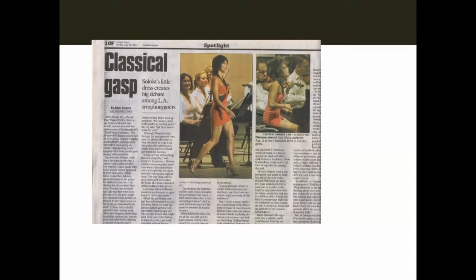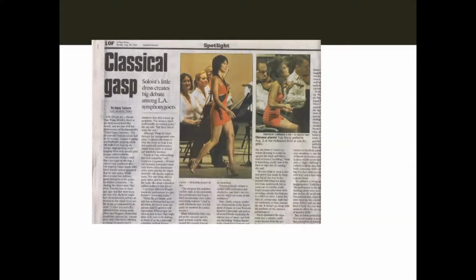She received a lot of criticism because she wore this dress to perform, let's say, Beethoven on the piano with orchestra. Some people thought it was a good idea, and some people thought it was a bad idea. What do you think?